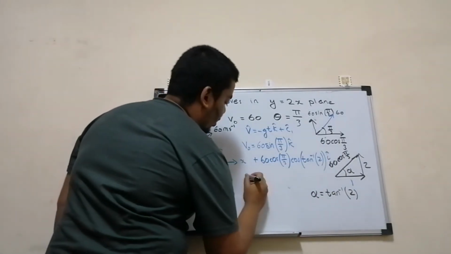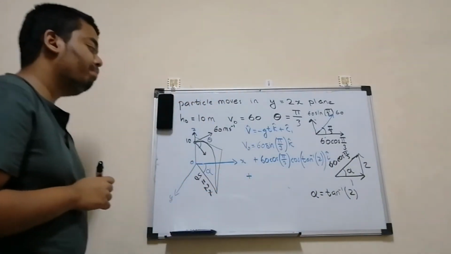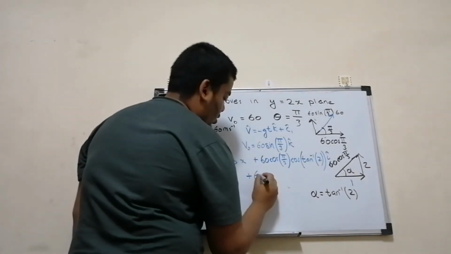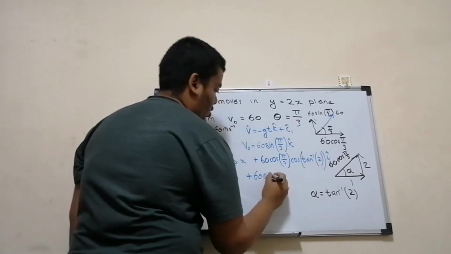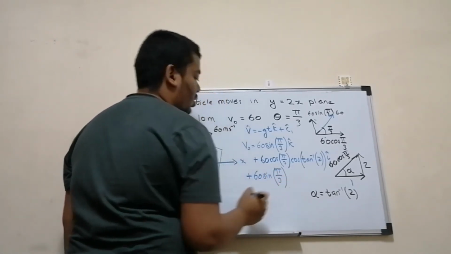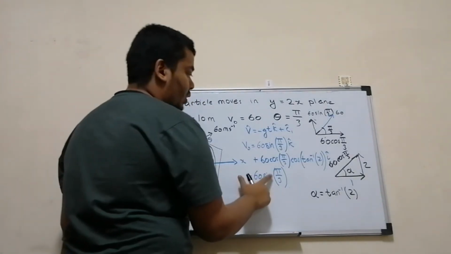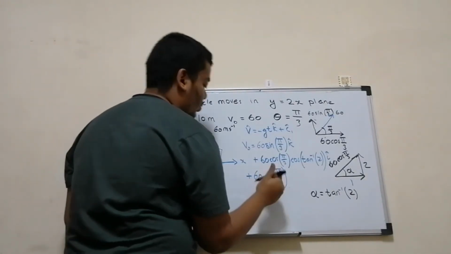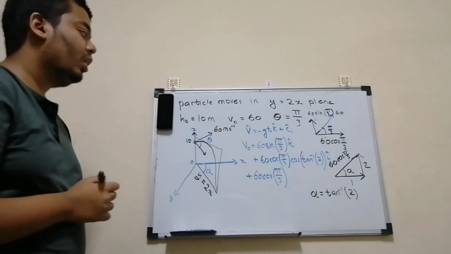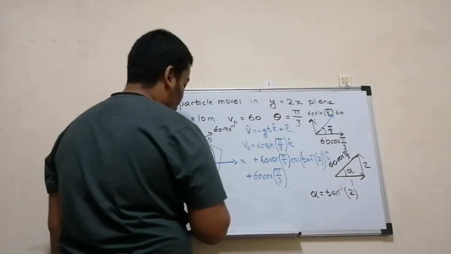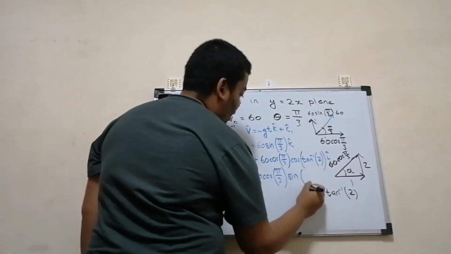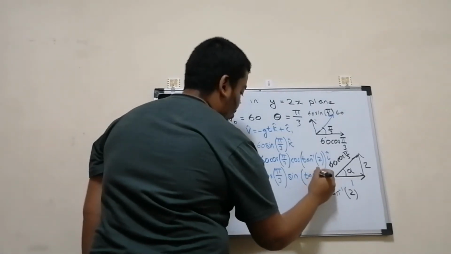And the j component of the initial velocity can be given by 60, sorry guys, it will be 60 cos pi upon 3, and then sine of tan inverse of 2, because this is the j component.